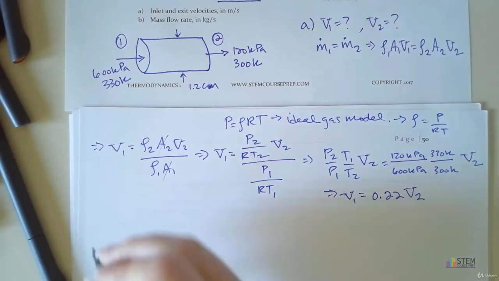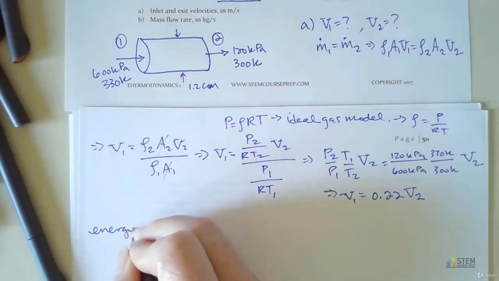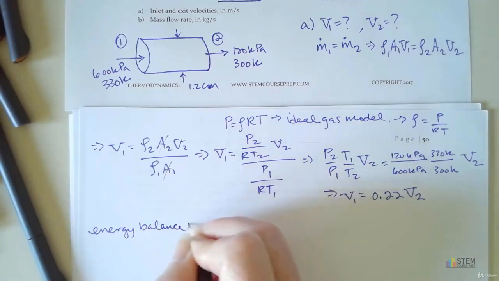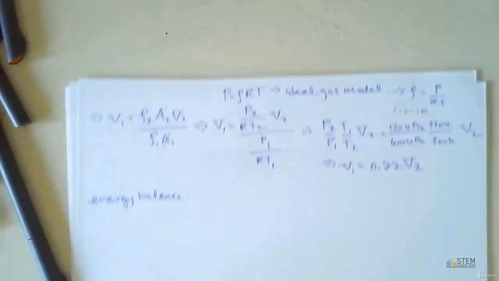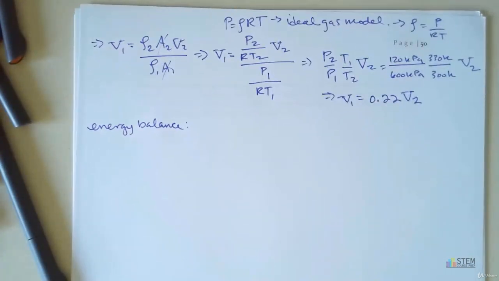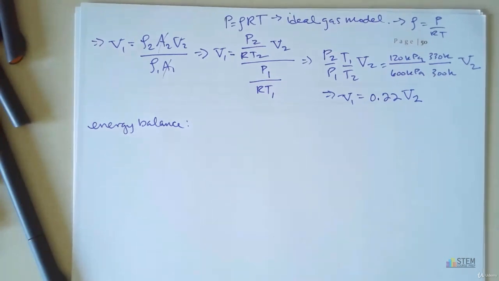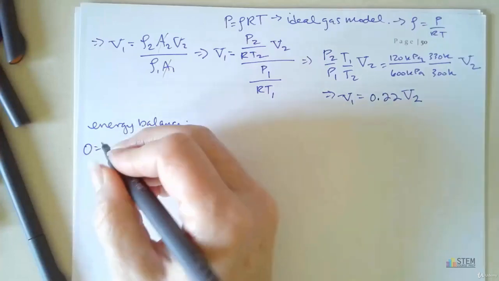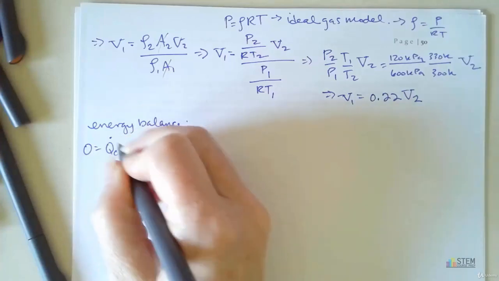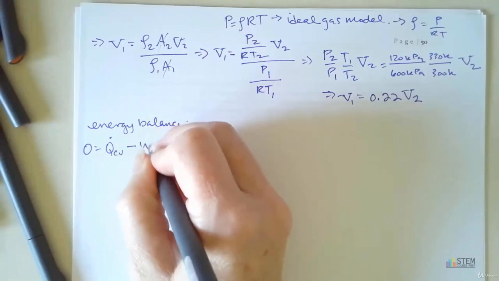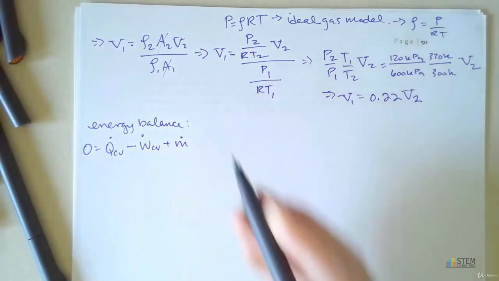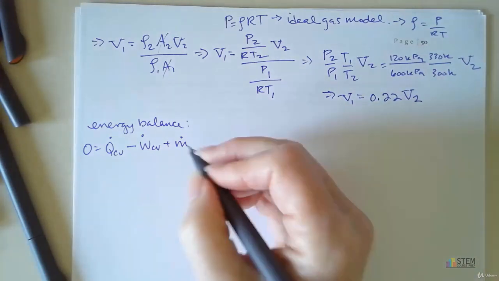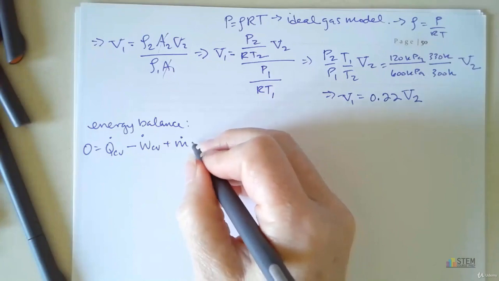Now let's go ahead and go to our energy balance equation. We're going to be using that long energy balance equation because now we've got mass flow, so we have to account for the energy brought about from that mass flow. So our equation is going to be 0 equals Q CV dot minus W CV dot plus m dot, because remember m1 dot equals m2 dot, so let's just replace it with m dot.